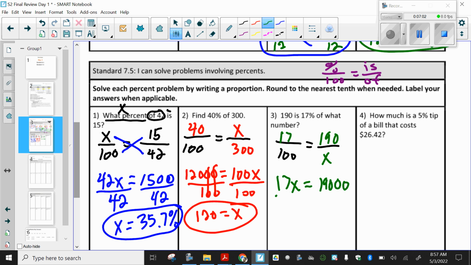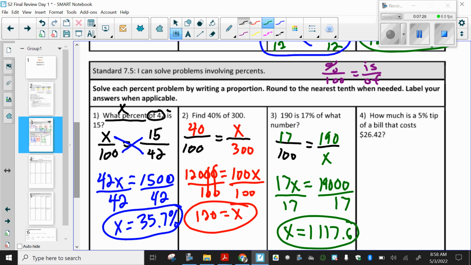I'm going to divide both sides by 17. 19000 divided by 17. It's going to give me a large number. I got x equals 1,117.6.